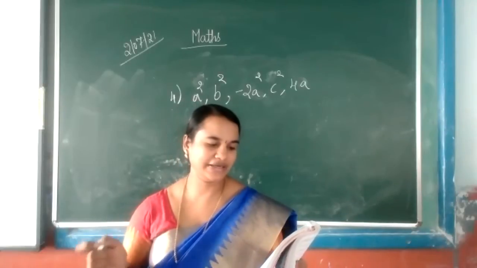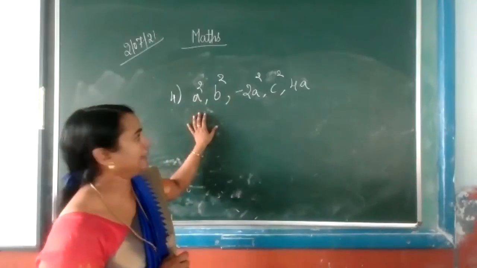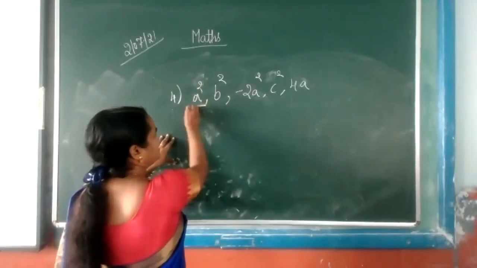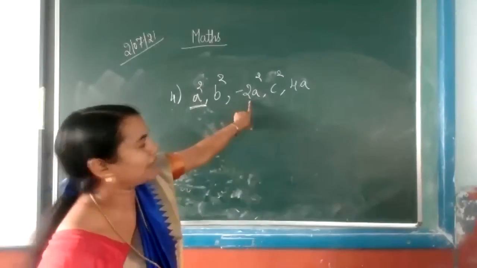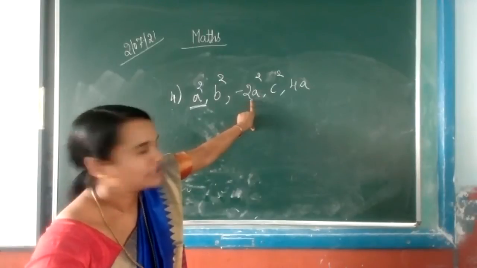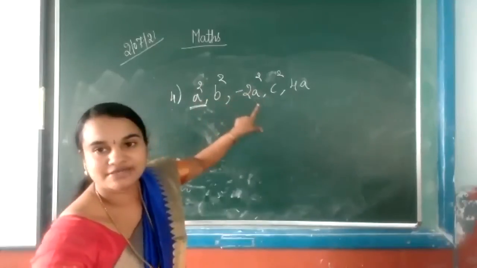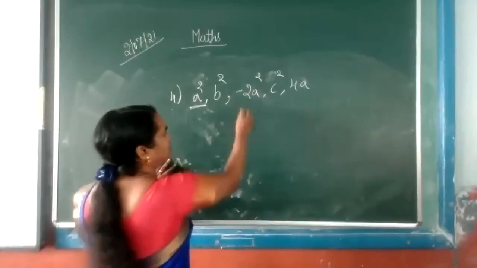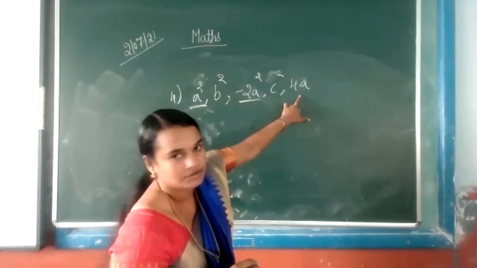They asked to identify the like terms in the following. Now see properly. Here the first one is a square. Next one is b square and minus 2a square. I told you we give attention only to the variables. Here a square and the powers are the same, both powers are same, so both are like terms. And here c square and 4a are not possible.